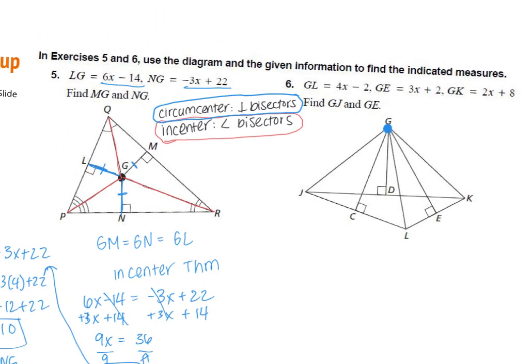Now, it doesn't tell us that each of these sides are equal, like DK and JD. It doesn't show us that it's the middle, but can an incenter ever be outside of the triangle? No. Incenter is always inside. Circumcenter is allowed to be outside, on the triangle, or inside. So whenever you have one that's outside, it's never going to be your incenter. So this one has to be your circumcenter.